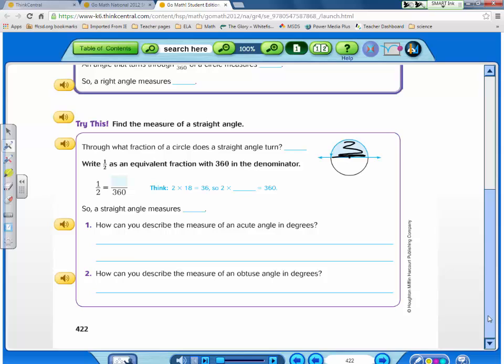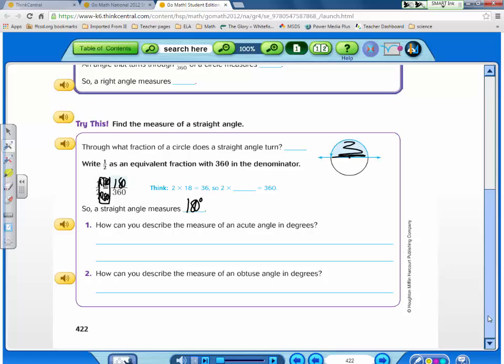So again, if we change it to a denominator of 360, then we will know exactly how many degrees it is. So 2 times 180 is 360. So 1 times 180 is 180. So we have 180 as our new numerator, and I know that the numerator over 360 tells me how many degrees because it's out of the whole circle of 360 degrees.